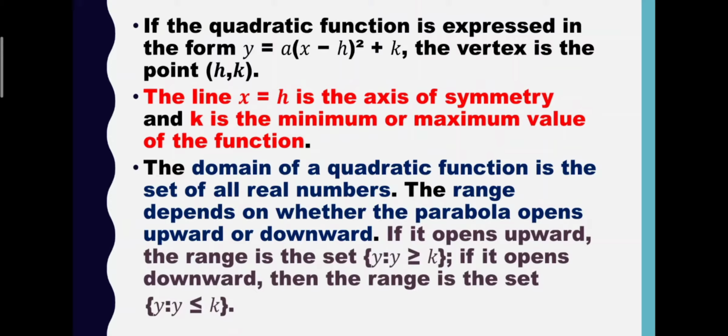Then the k, you just replace it with the value of k that you get. Remember, if the graph opens upward, the range is y is greater than or equal to k. If it opens downward, y is less than or equal to k.